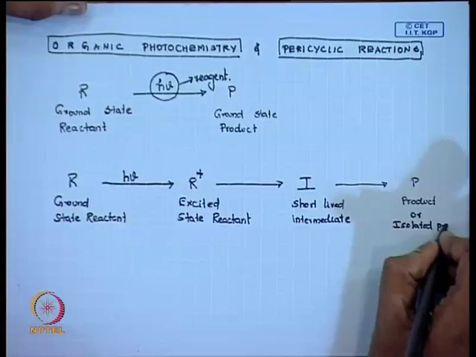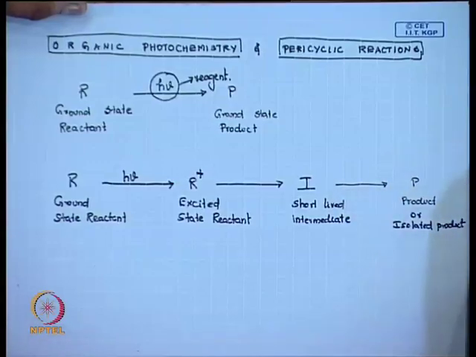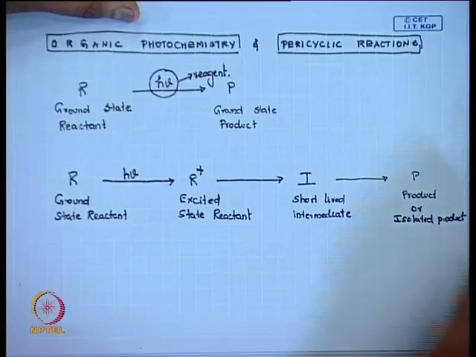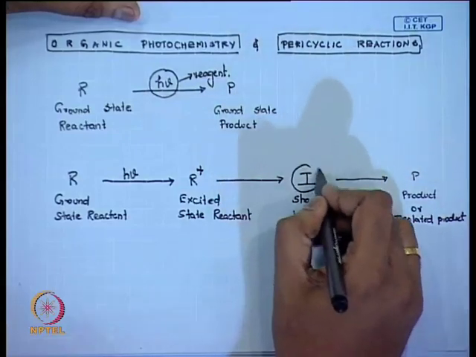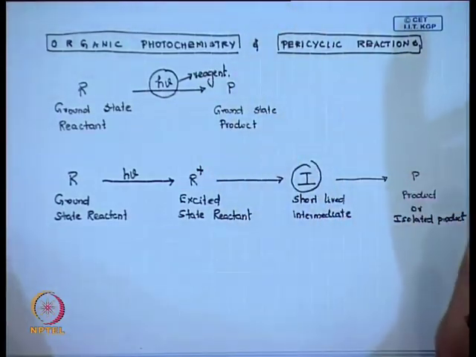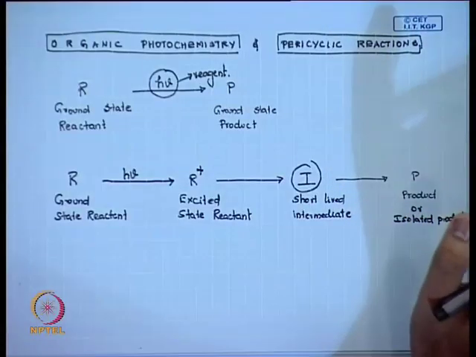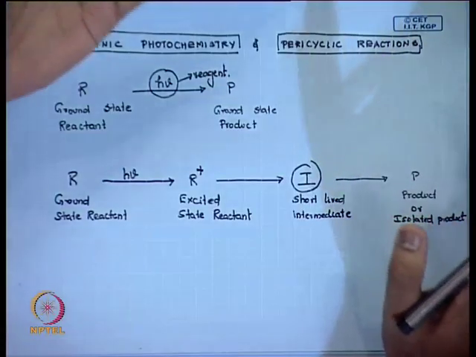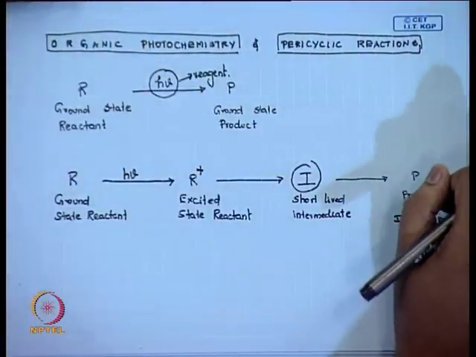You can isolate these. The intermediate I is also a ground state species, but it is highly reactive, so it immediately gets transformed to your P.